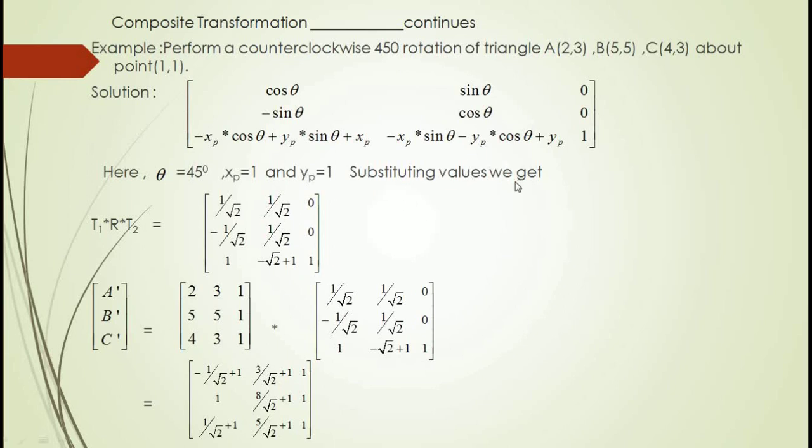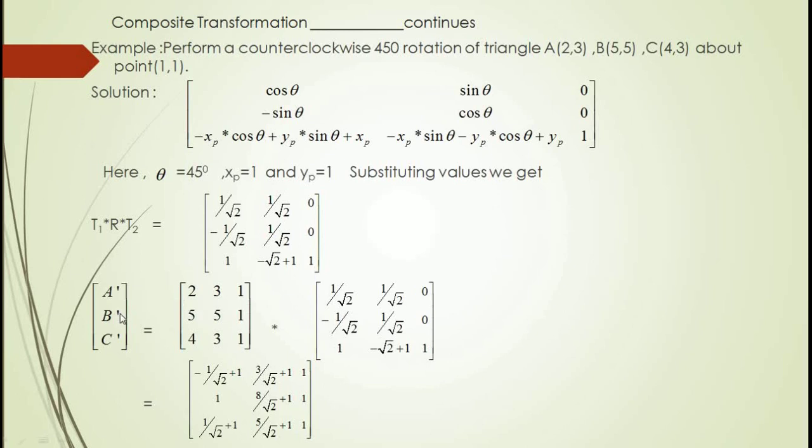Substituting this value, that is putting this value into the resultant matrix, we get the result, that is 1 by root 2, 1 by root 2, 0; minus 1 by root 2, 1 by root 2, 0; 1, minus root 2 plus 1, and 1.